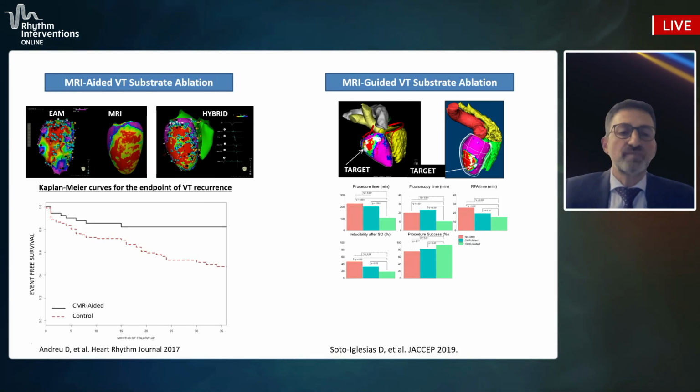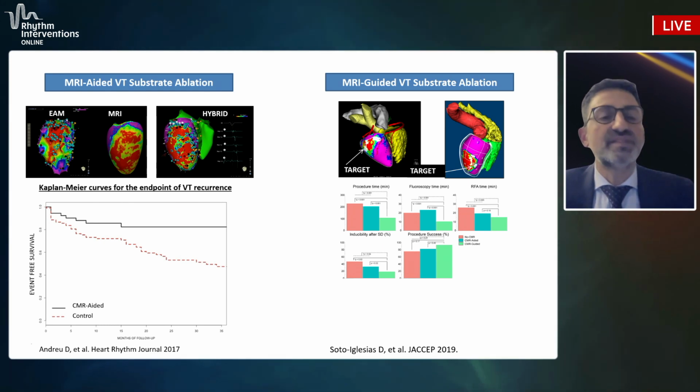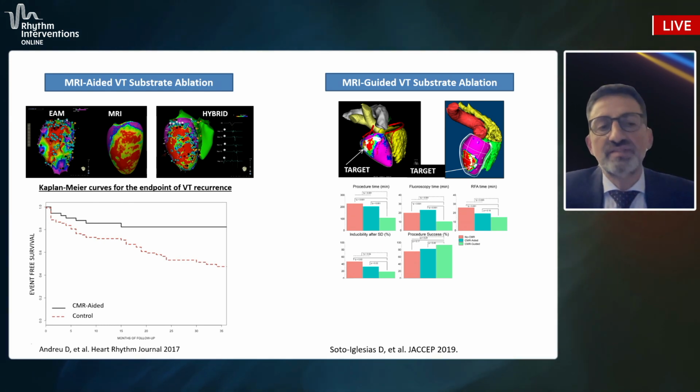So this was to show you that really this is the basis for having VTs. This is the histological basis or background for having a VT, and this can be used to help ablation.